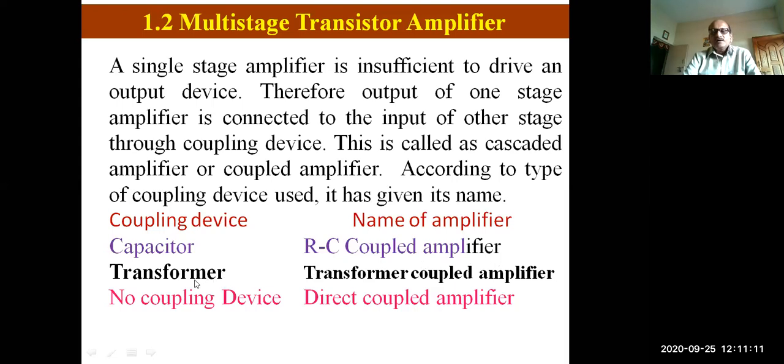When the output of one transistor is connected to the input through a transformer, such a coupling device is called a transformer, and the amplifier is called a transformer coupled amplifier. And in between the output of one stage and the input of another stage, if there is no coupling material, we can connect the output of one amplifier directly to the input, then it is called a direct coupled amplifier.